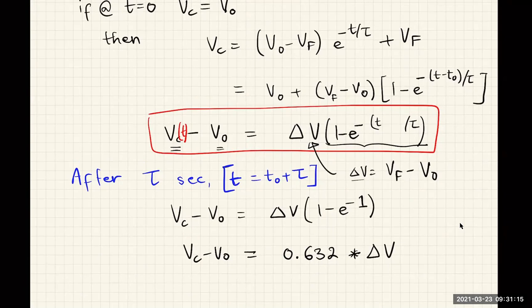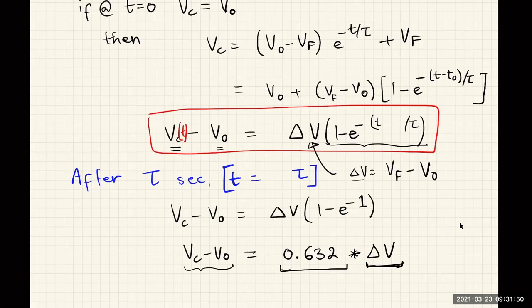And if we say that tau is a characteristic time scale, the time constant, let's look at what happens after tau seconds of the step response. If you replace t equals tau in this expression, you'll see that the total change that has occurred in the capacitor voltage is 63.2% of the total change that will occur.